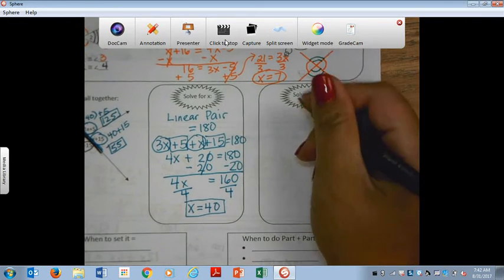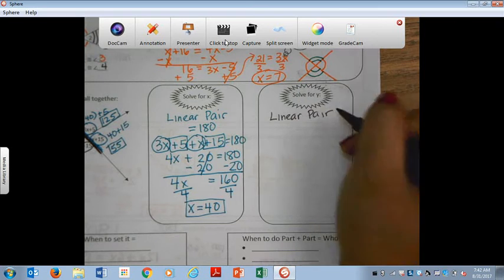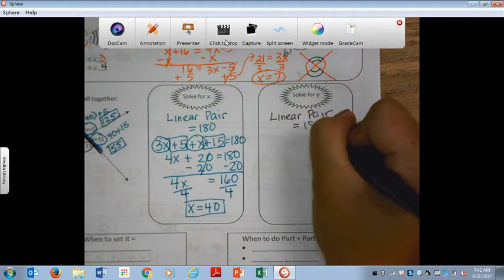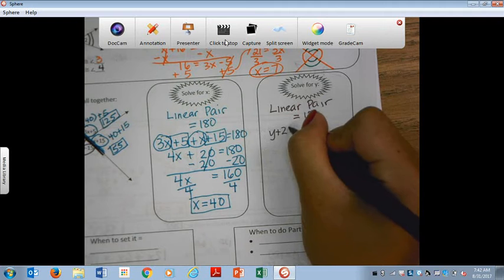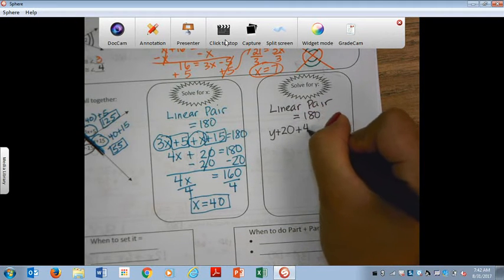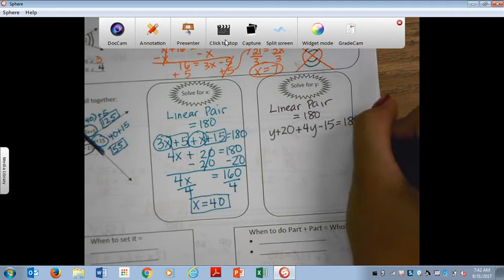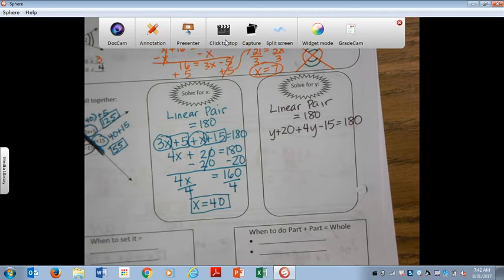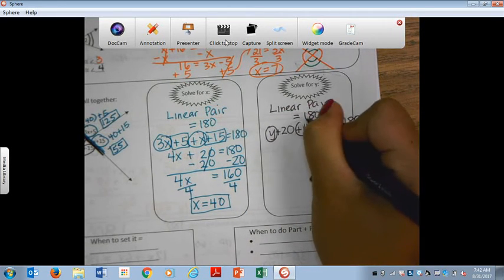So I'm going to write that to make my life easier and to remind me that linear pairs add up to 180. So you've got y plus 20 plus 4y minus 15 equal to 180. So just like last time, let's combine like terms. Always take the sign in front of the term.